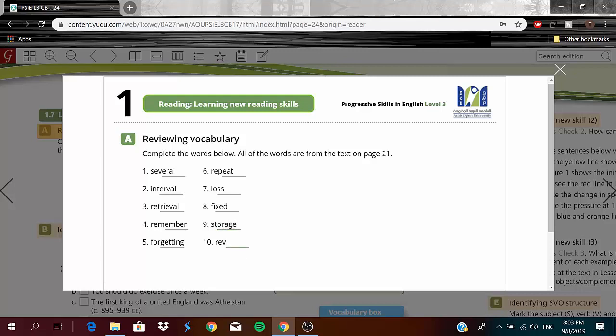And finally, we have 10. I could say revise or reviews, both are correct. I'll just write revise, okay? So several, interval, retrieval, remember, forgetting, repeat, loss, fixed, storage, and revise, okay?